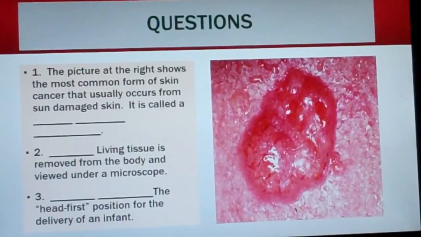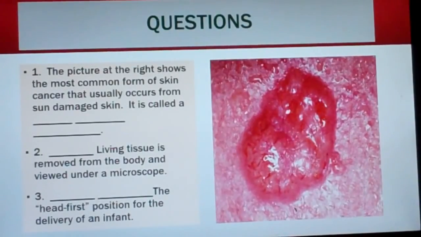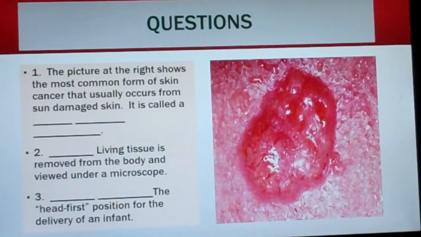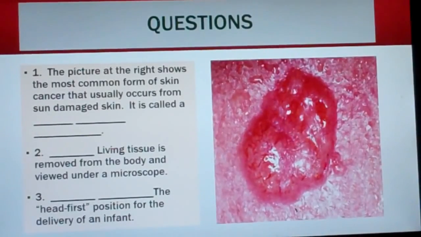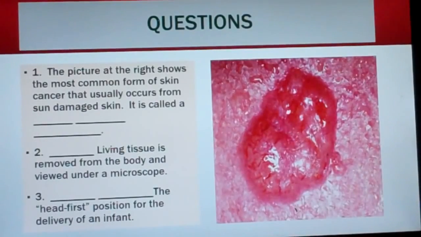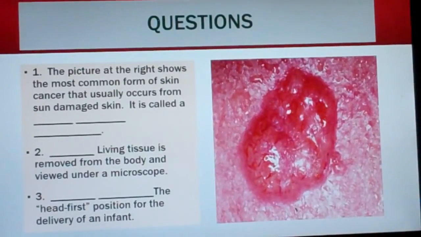Living tissue is removed from the body and viewed under a microscope. Number 3. Blank, blank, the head first position for the delivery of an infant.